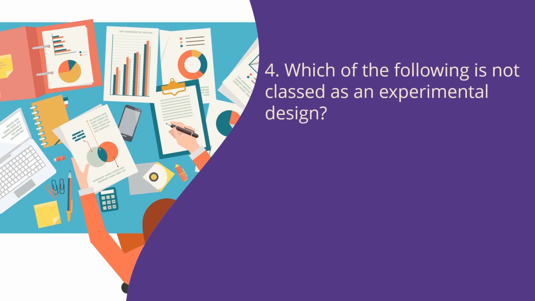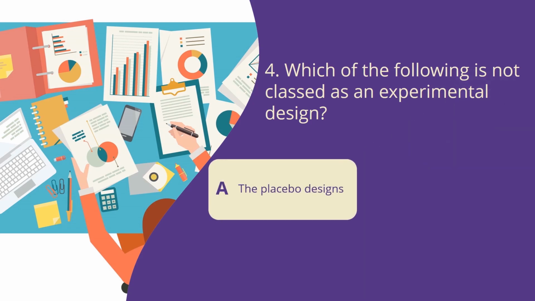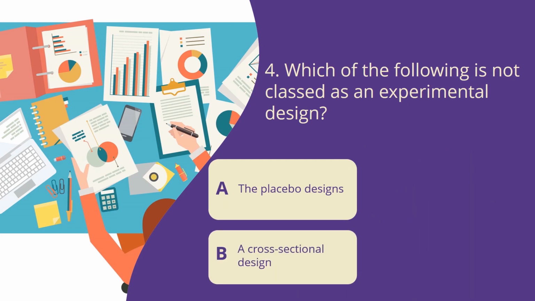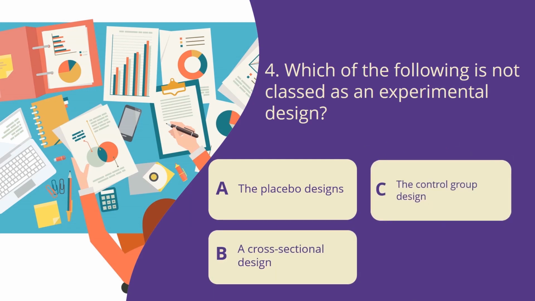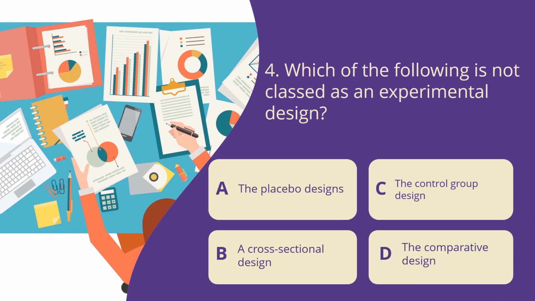Number 4. Which of the following is not classed as an experimental design? A. The placebo designs. B. A cross-sectional design. C. The control group design. Or D. The comparative design.